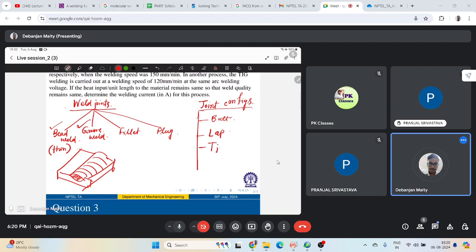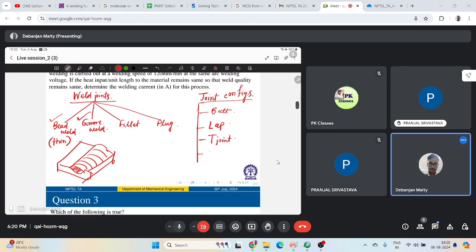Then you can have something called T joint. Then you can have corner joint, something called edge joint. So these are different kinds of joint configurations, and that can be made with the use of either bead or groove or fillet welds, right?